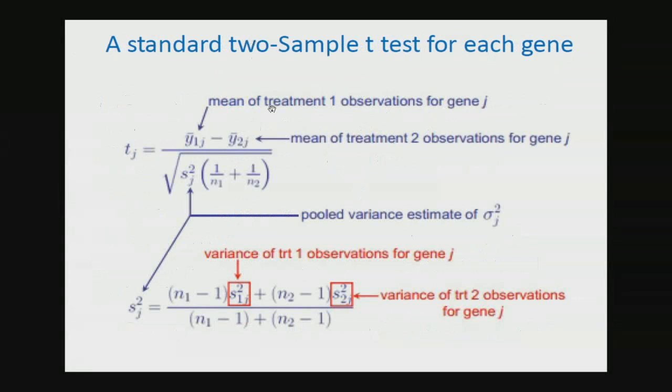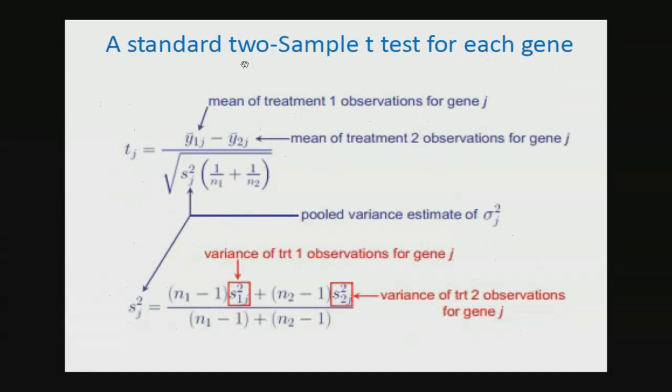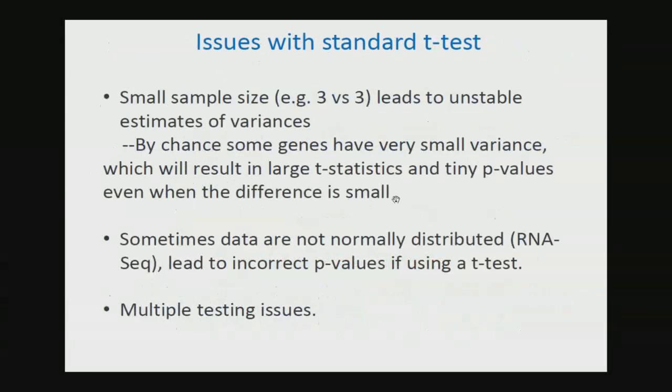So here, in terms of selecting a proper statistic, that's the proper statistical test. If we do a two-sample t-test for each gene, right? This is the t-test statistic for a two-sample t-test, a very standard one, assuming pooled variance. Okay, so this is just some mathematical formulation. But the thing with the standard t-test is that when we have a very small sample size, it could lead to an unstable estimate of variance.